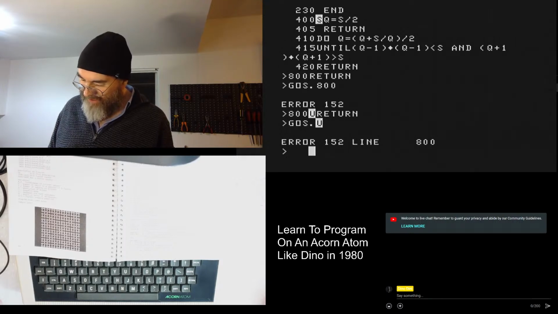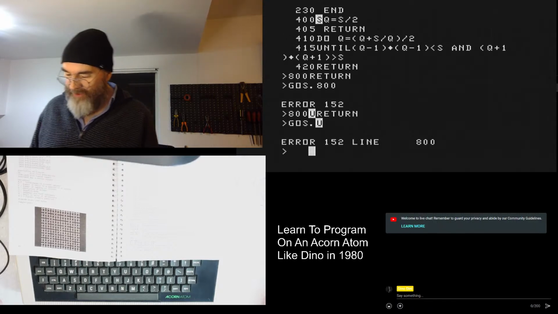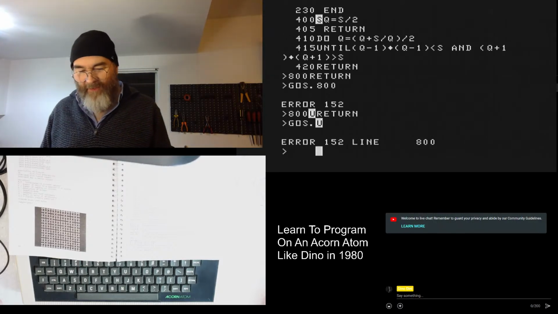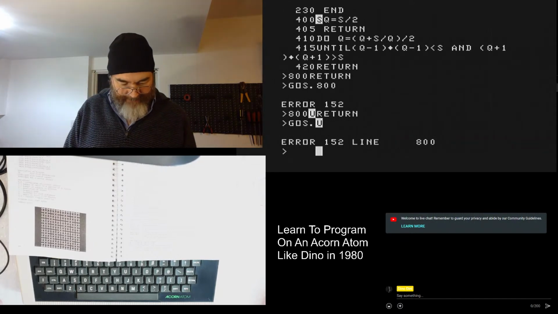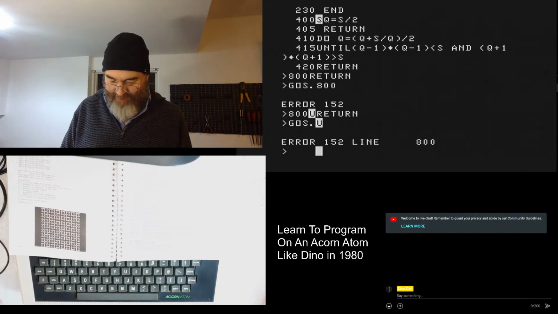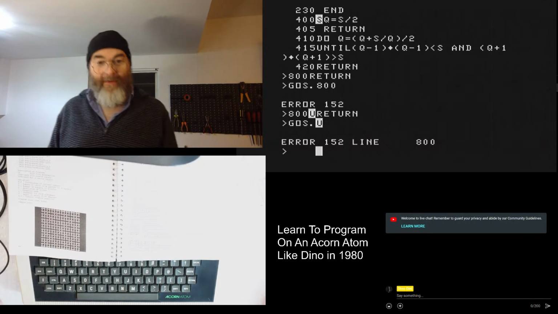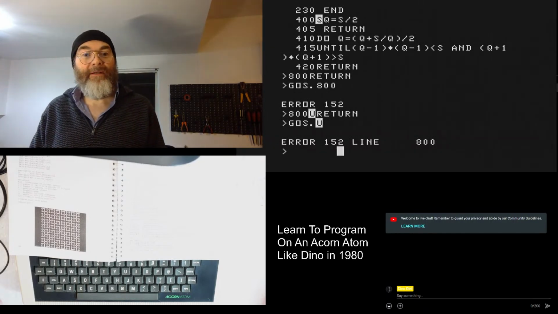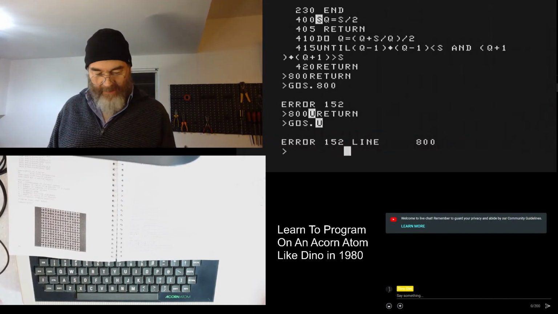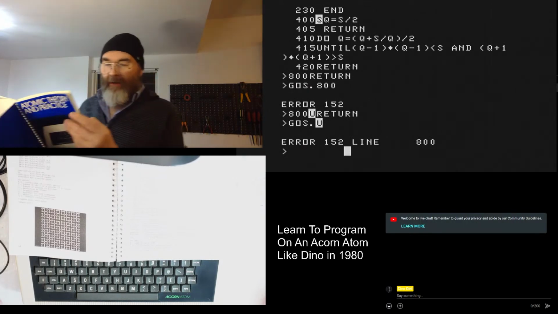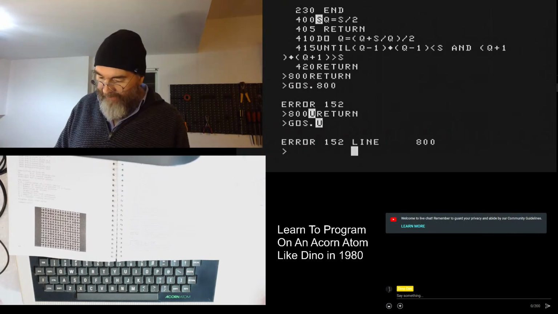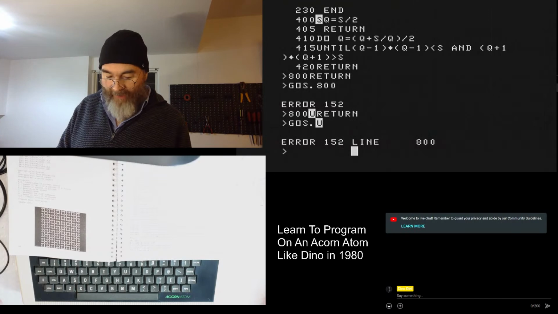Where is there a list of them? Error codes. Time for the old error code. 152. The page was 205.